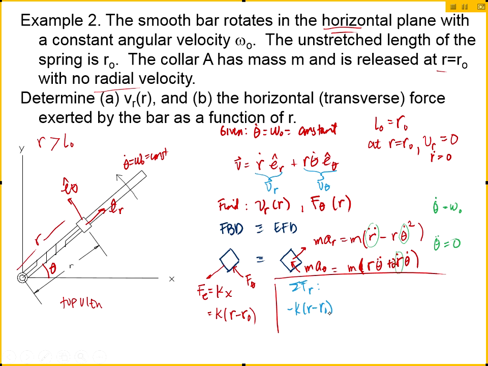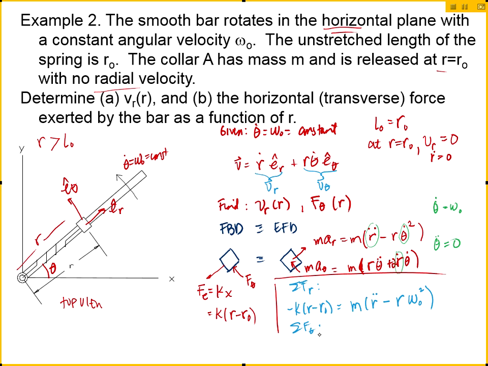Negative k (r minus r naught). Yes, it's negative, right? Because radial is outward. Must be equal to, what would I have along the radial direction here? It's going to be m (r double dot minus r theta dot squared). I'm going to replace that with omega naught squared. Are you okay with that?